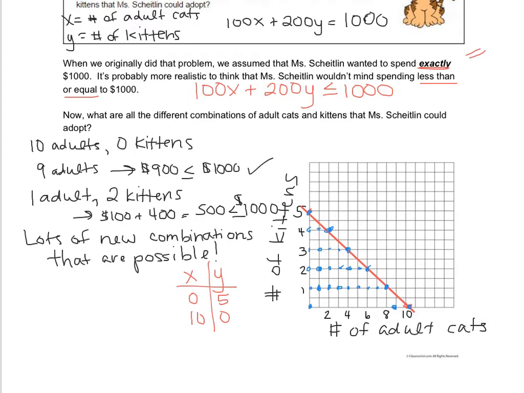I've got all these possibilities that weren't possible before when we wanted to spend exactly $1,000, but if we can spend under $1,000, these are all possibilities that work.